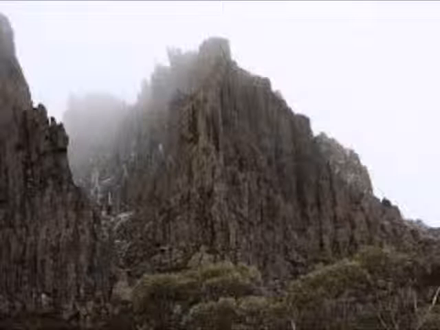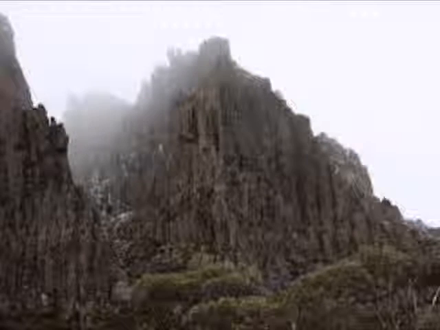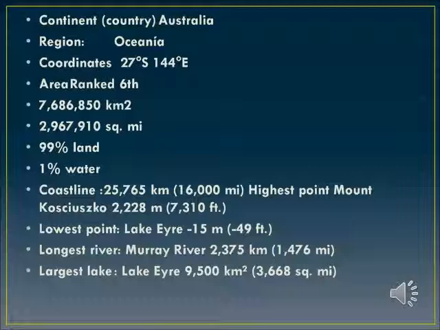The South Australian Highlands, including the Flinders Range, Eyre Peninsula and York Peninsula. The Western Plateau, including the Nullarbor Plain, the Central Deserts, Northern Plateau and basins.